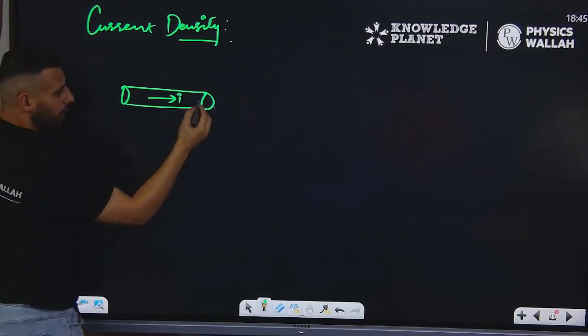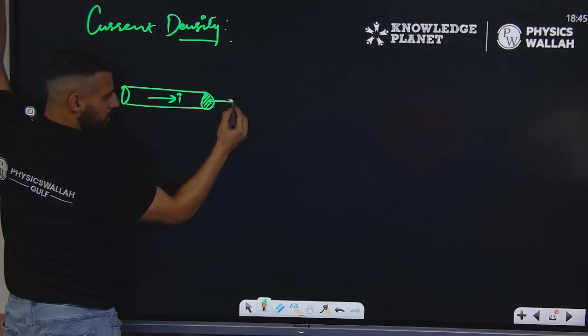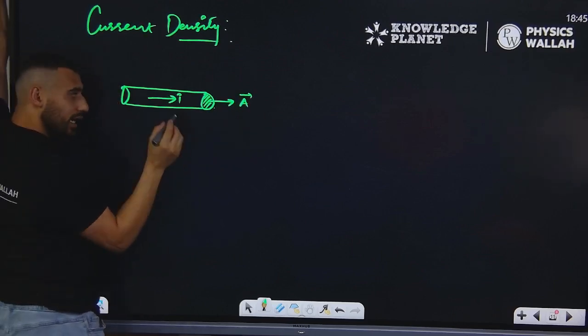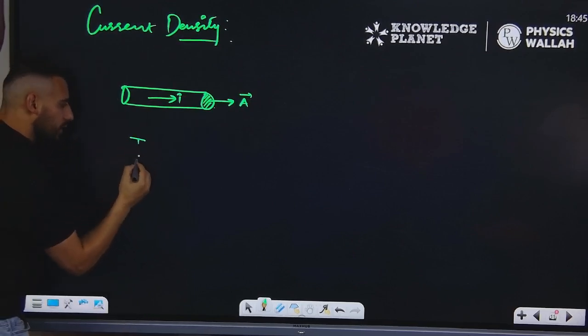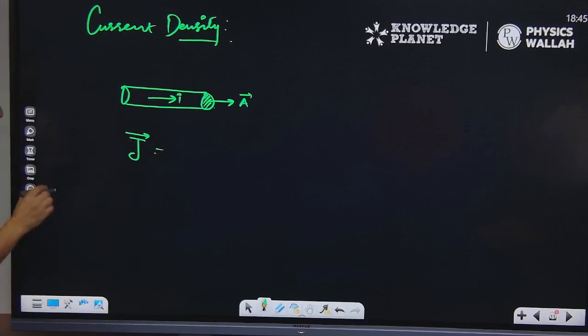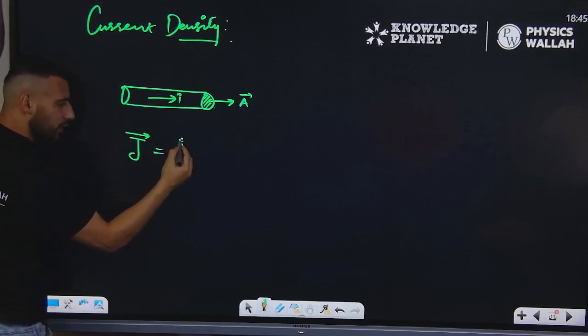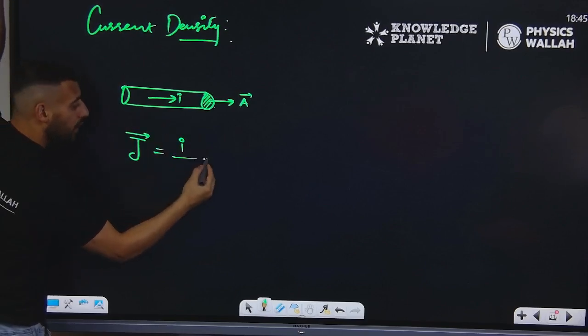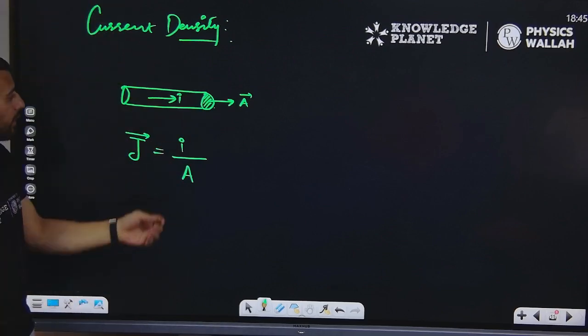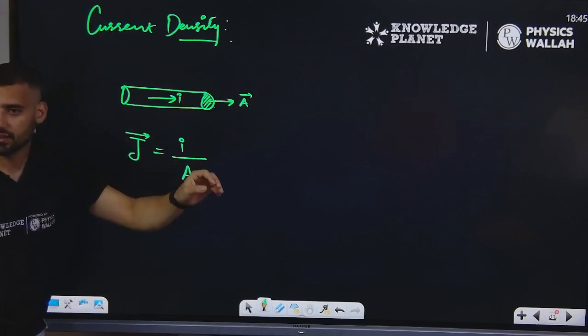Now, if I take the area of cross section here, it is in this direction. Then I define something called current density, which is a vector quantity. It is defined as the ratio of current flowing per unit area. But which area? The area which has the same direction as that of the current.